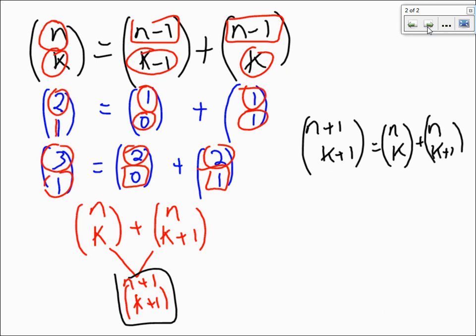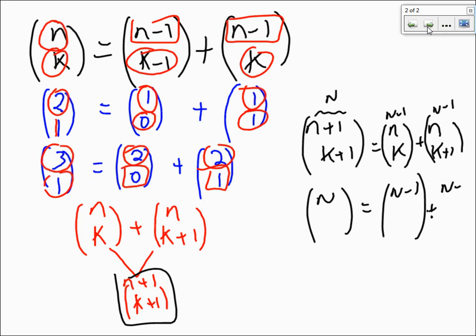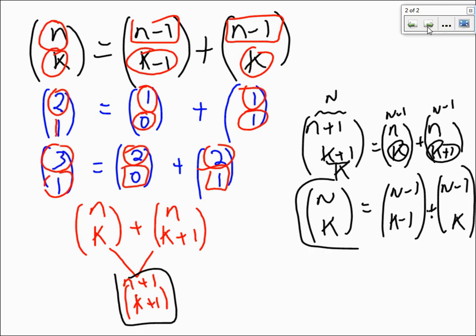Now, if, for example, I call that big N, well, these will be N minus 1. So we have N choose something is equal to N minus 1 choose something plus N minus 1 choose something else. And if, for example, I call that big K, well, then that's also big K. And this is big K minus 1. Well, that's exactly this rule up here.